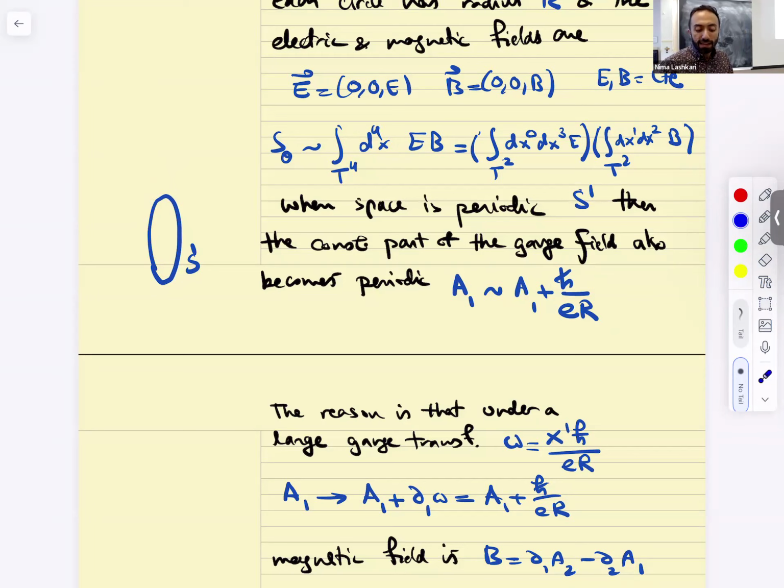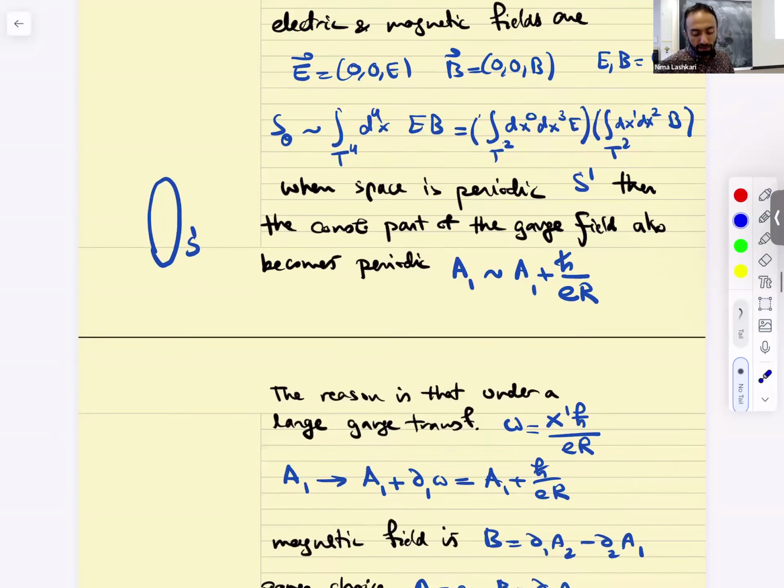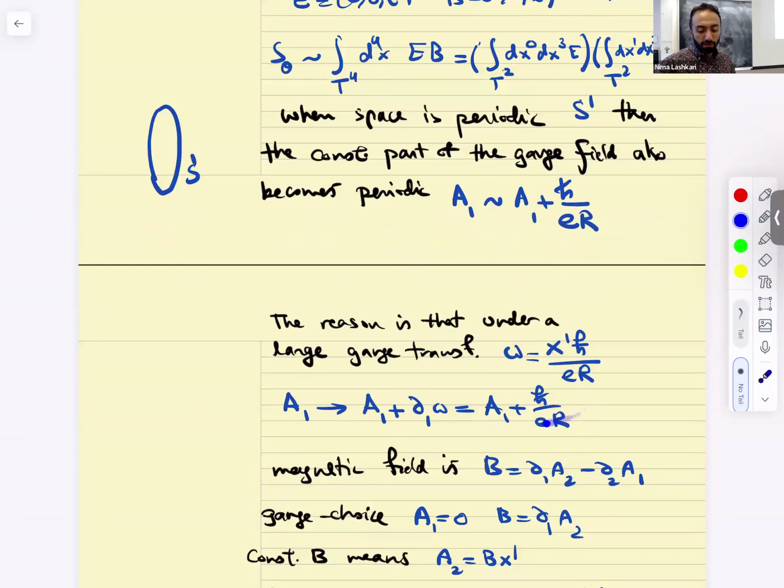The reason is that a large gauge transformation like this transforms A1 this way. So that's what's desired, right? It transforms A1 this way.